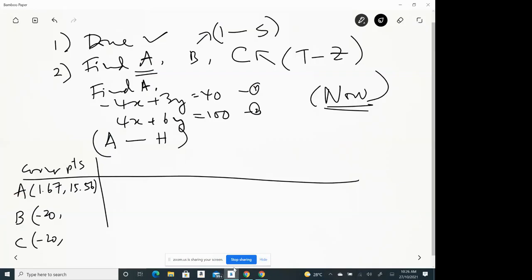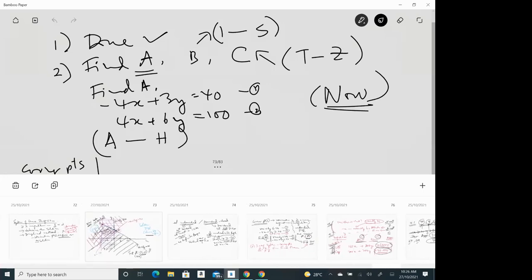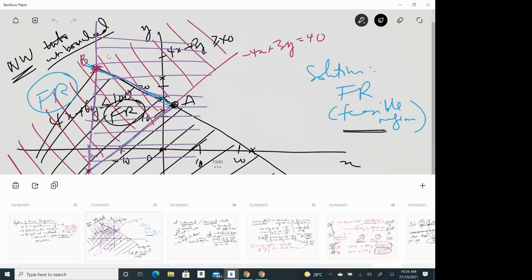So X is 1.67, Y is 15.63. Okay, anybody get a different value? Or is that the correct one?